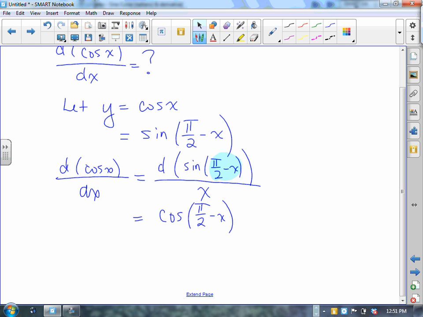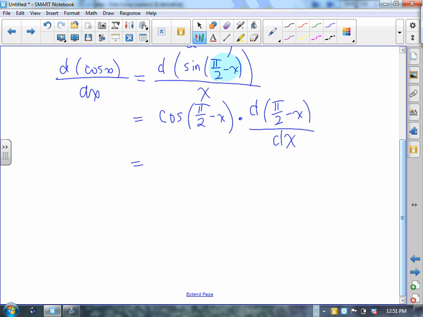So what does the chain rule tell us there? We're going to multiply that by the derivative of pi over 2 minus x with respect to x. So let's follow through on this. What that's going to give us is minus 1, because pi over 2 is a constant and the derivative of a constant is 0.